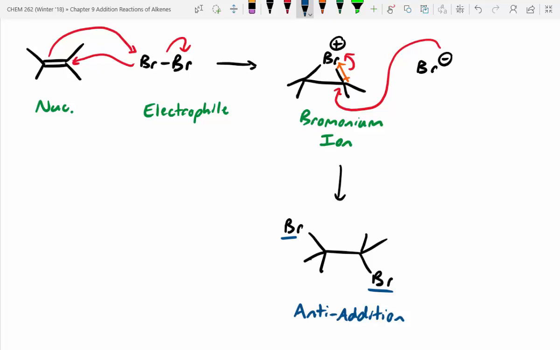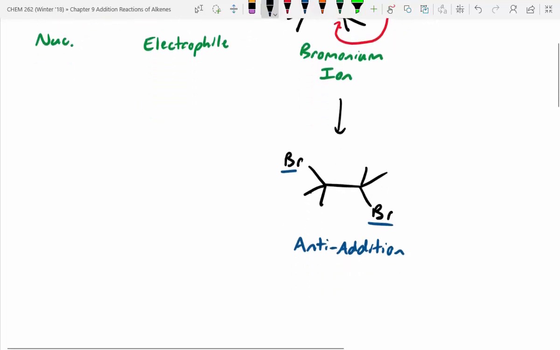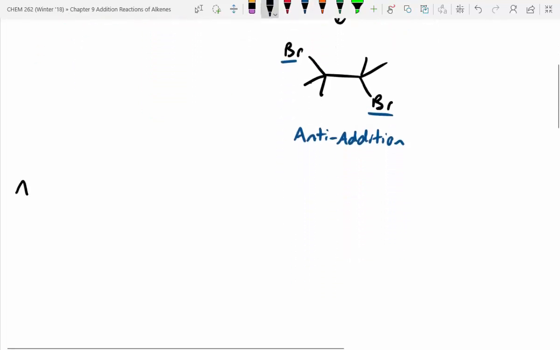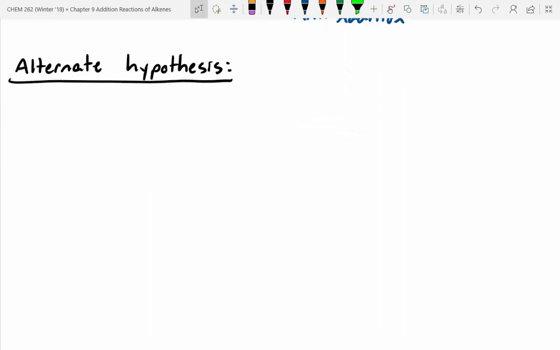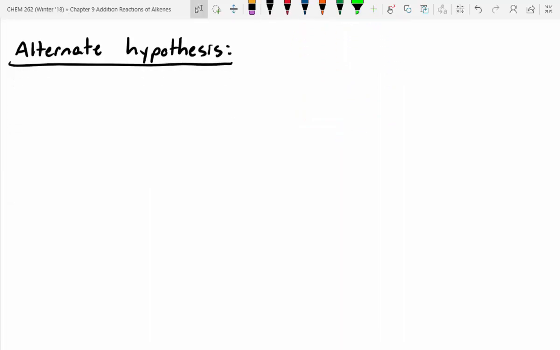All right, let's take a look at the alternate pathway, and we'll try to make sense of this. This is one that I see all the time with mechanisms that students put on exams and quizzes, so we'll disprove it once and for all. Okay, so let's say I've got this compound and I've got bromine.